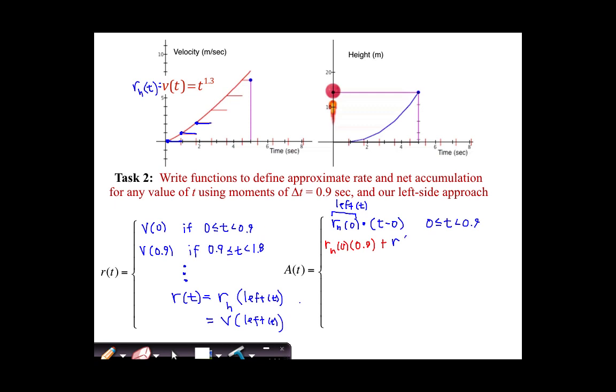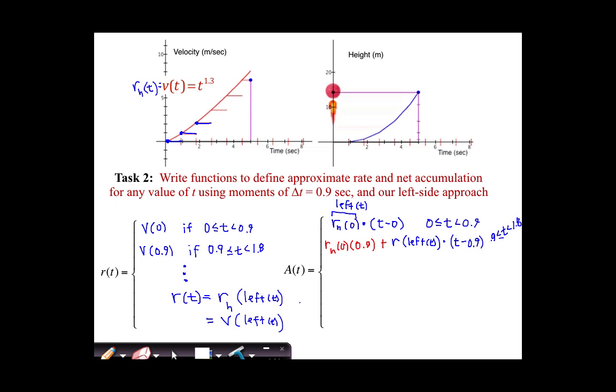So I could say r of left of t times however far I am into this second interval, which is, how far am I past 0.9? t minus 0.9, right? This is my rate for the second interval. If I'm in the second interval, 0.9 to 1.8.